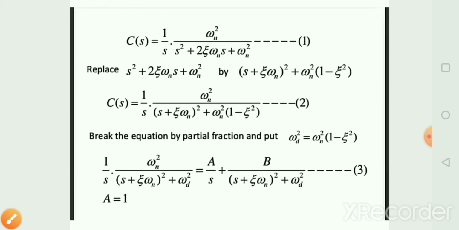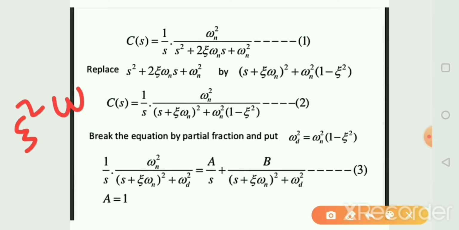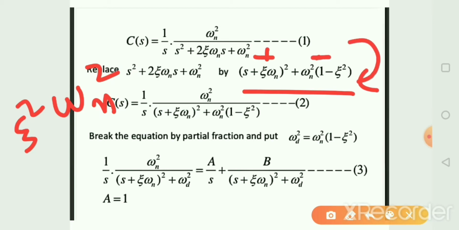For this we need to add and subtract both the values of zeta square and omega n square. If we add and subtract this value here, we get this value. This is the perfect square.